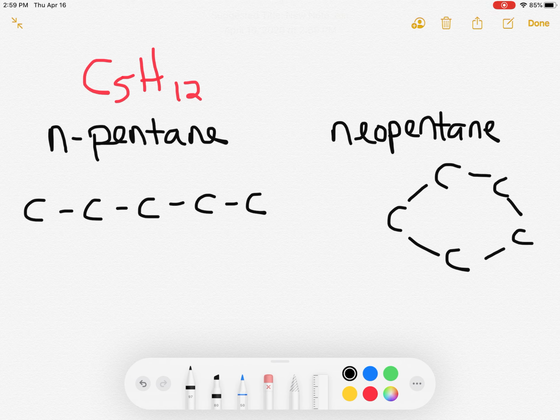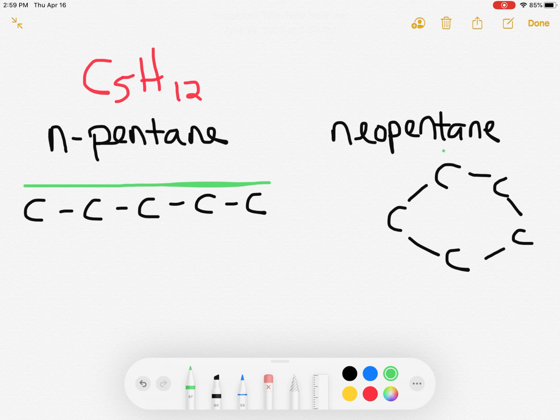It looks something like that. Okay. So here you can see there's more surface area. Look at all that surface area there. So if another n-pentane molecule came by, I'd have all that area right there in green to form dispersion forces with that other molecule.